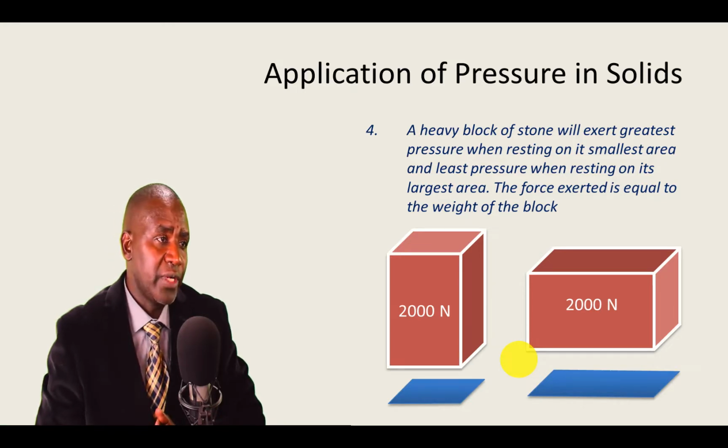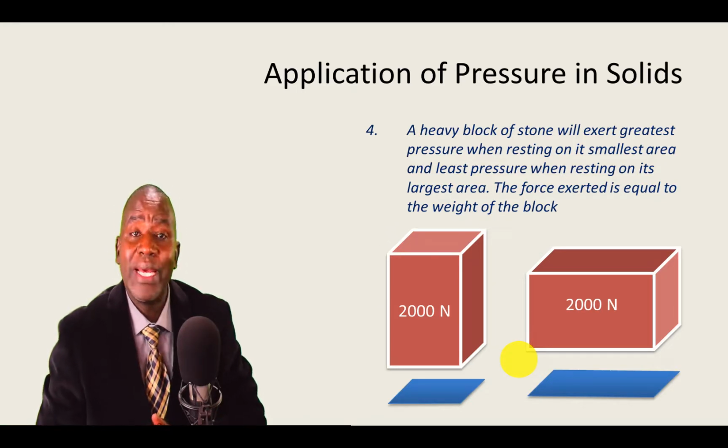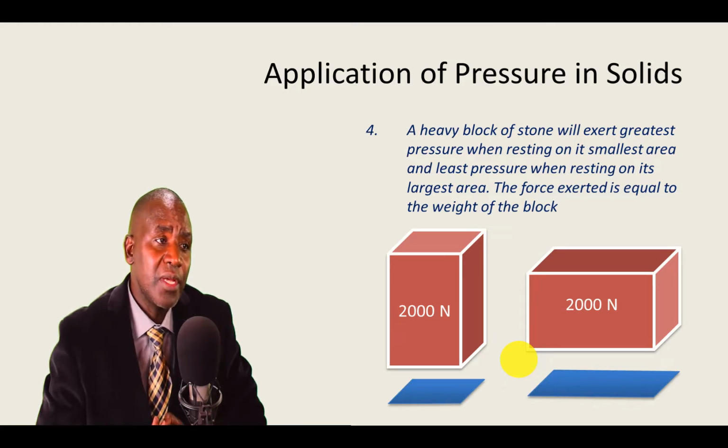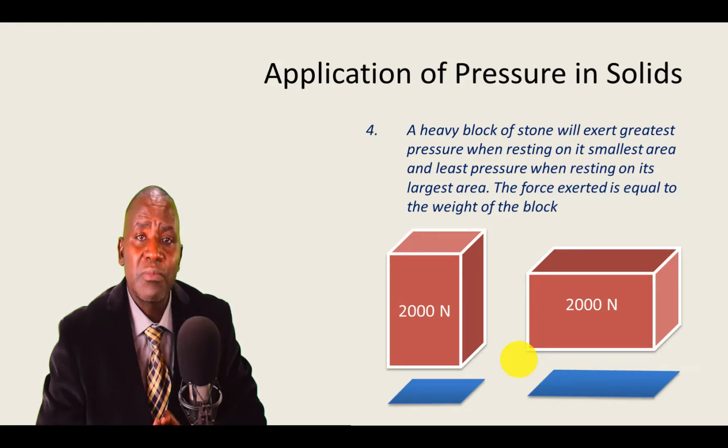It's important to recognize that a heavy block of stone will exert greatest pressure when resting on its smallest area of contact, and it will exert least pressure when resting on its largest area. Of course, the force exerted is the same in both cases, because it is equal to the weight of that block. And I hope you can remember that weight is equal to mg.